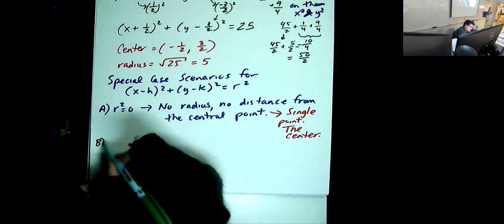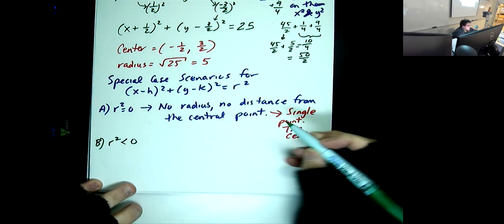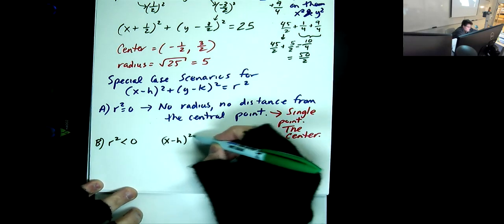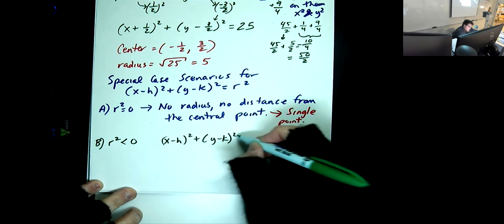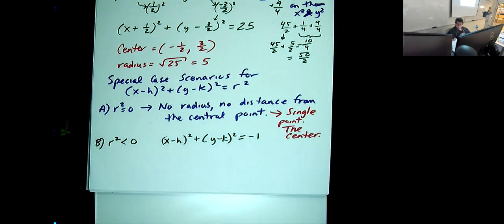The other example, just like absolute value, is when r squared is less than 0. Like x minus h squared plus y minus k squared equals -1. Now, we don't even have the point.